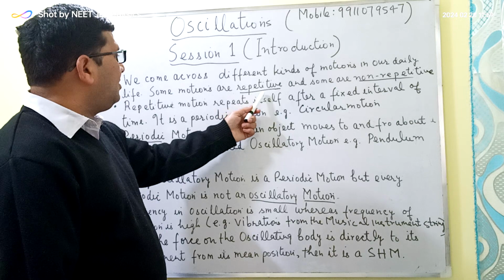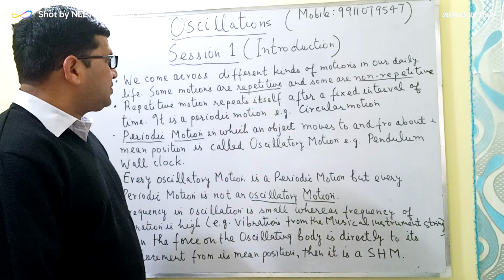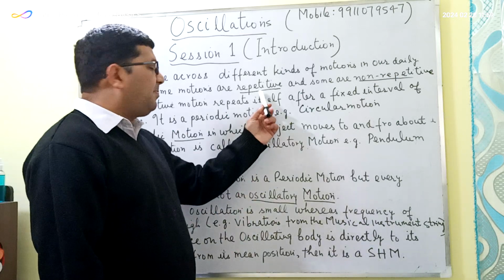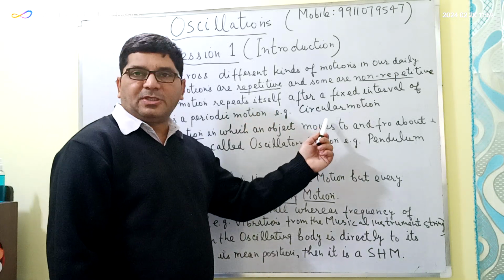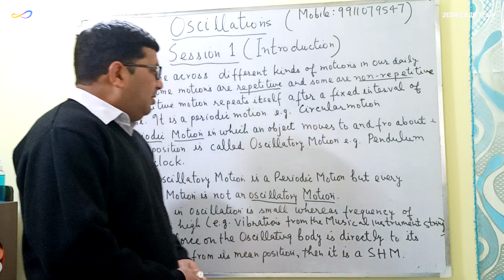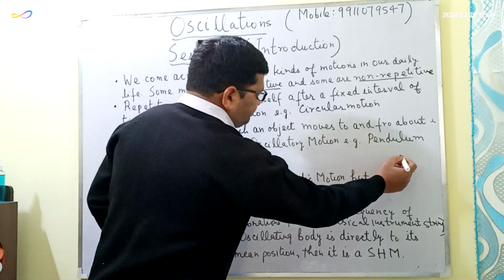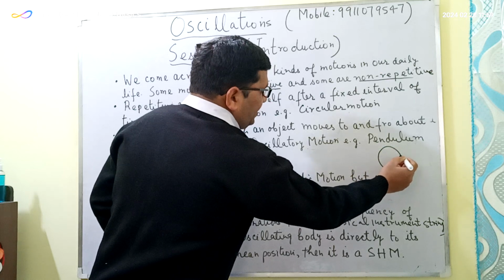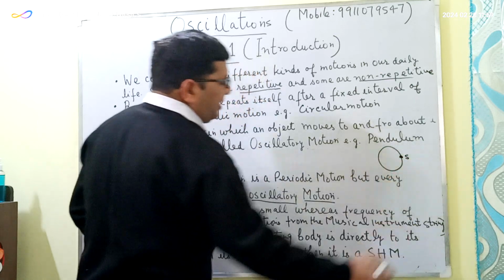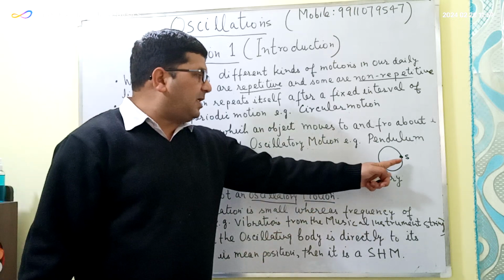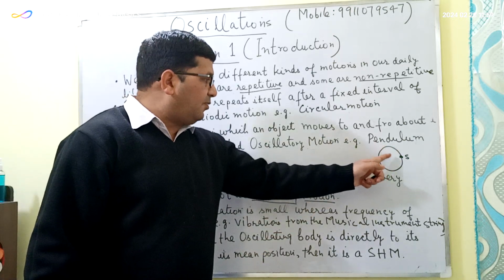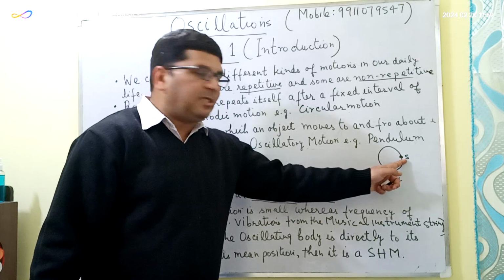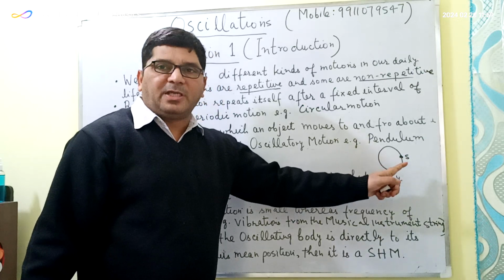Now let us discuss this repetitive motion. A very common example of a repetitive motion is the motion in a circular path. In the case of a circular path, like this, let us say this is the starting point. A person who starts from this point will reach back to this starting point after a fixed interval of time.